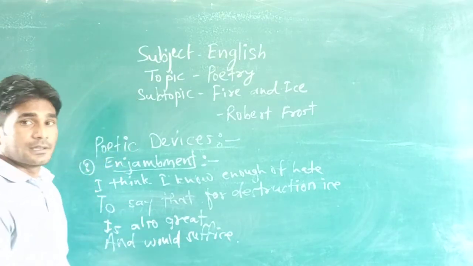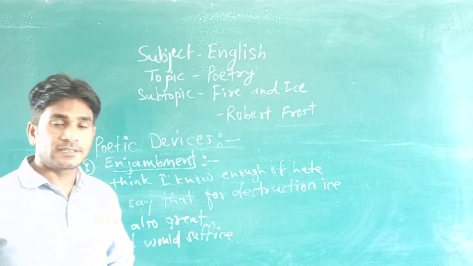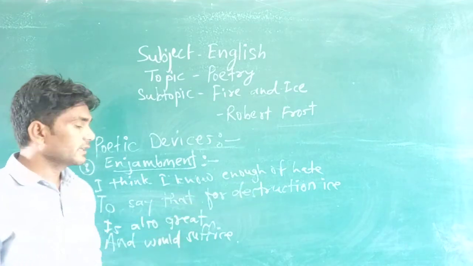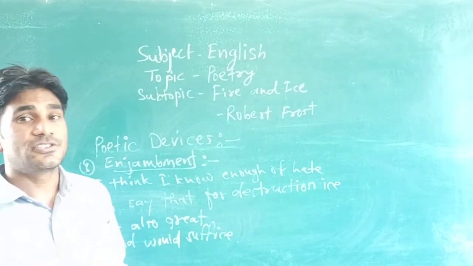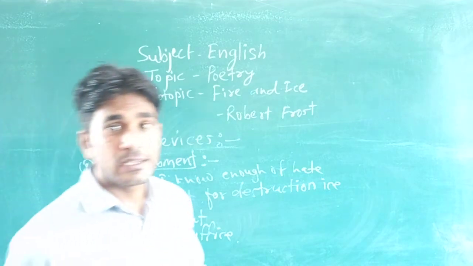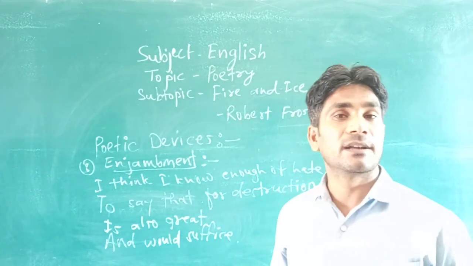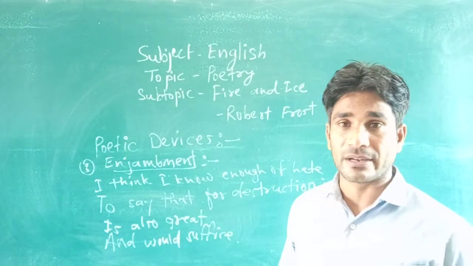So look at there. In these 4 lines, a sentence is continued in consecutive lines without using any punctuation mark. So this is called enjambment. So here in these lines, enjambment is there, one of the figures of speech. Okay, got it? This is an example of enjambment.